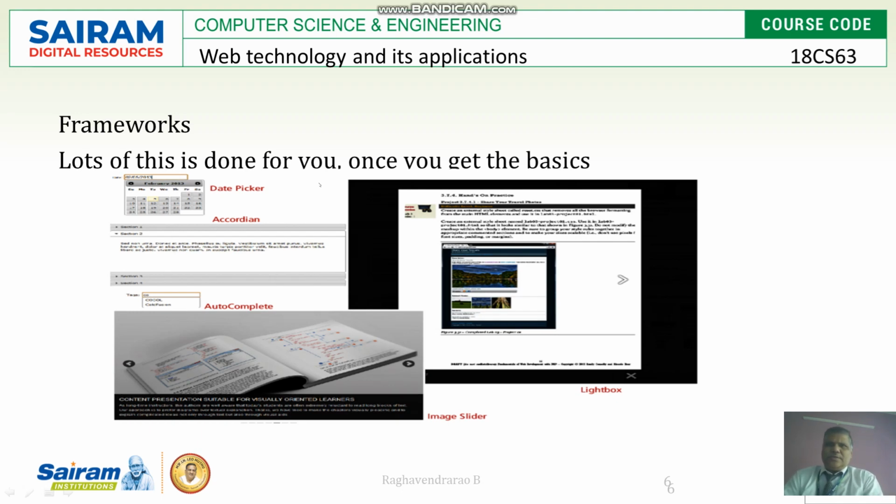You can see here that a date picker is there. Accordion control is there, autocomplete operations are there. Then an image slider is going to be there, so you can slide those images with clicks. Then boxes are there, so you can create all those specified things.